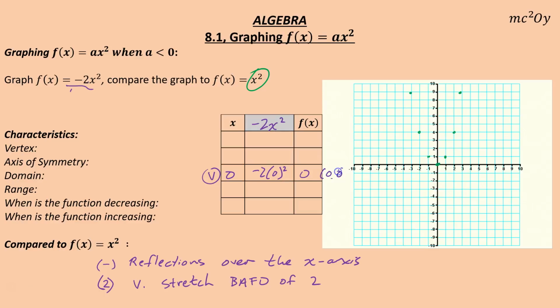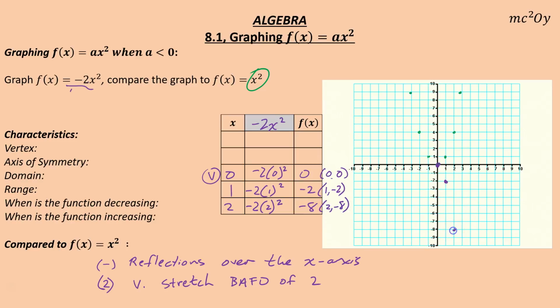So I get 0, 0. I put in 1. I get negative 2 times 1 squared, which gives me negative 2. So I get 1, negative 2. And I put in 2. I get negative 2 times 2 squared, which is 4 times negative 2, or negative 8. So I get 2, negative 8.